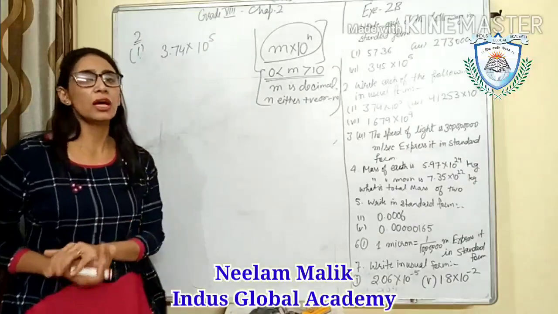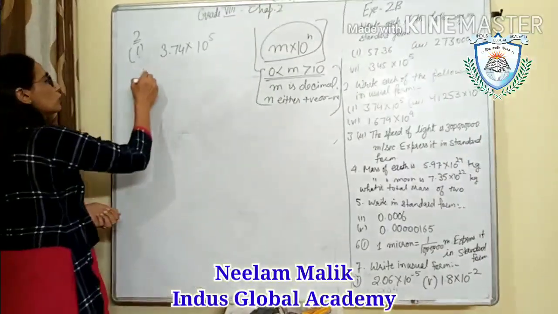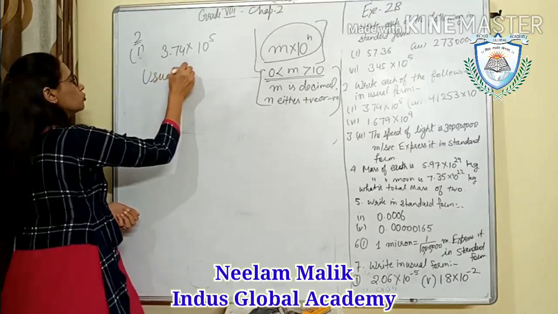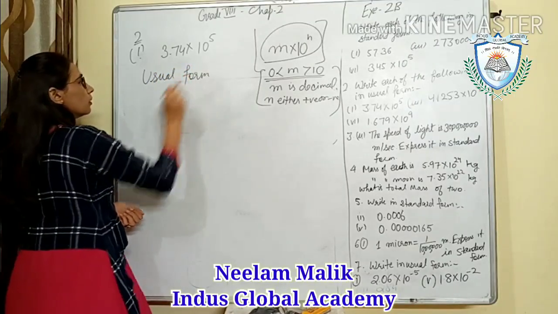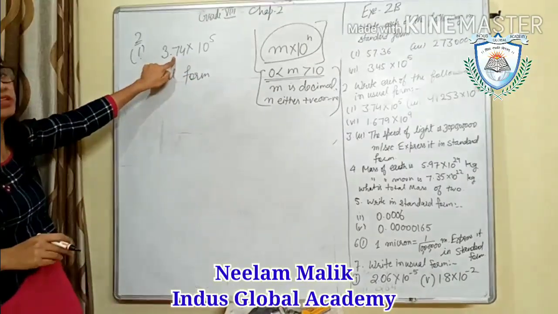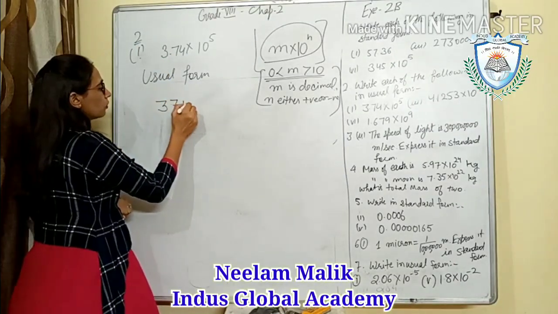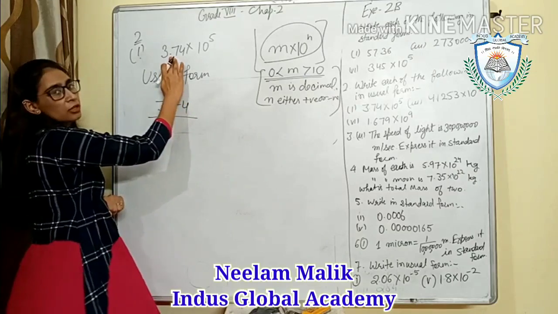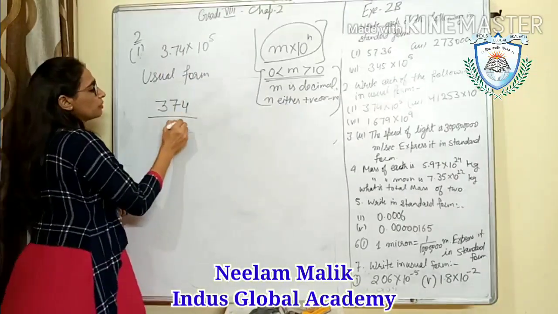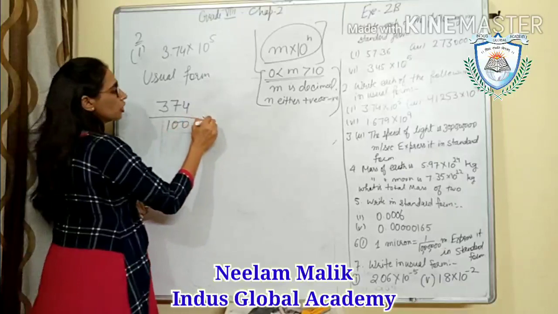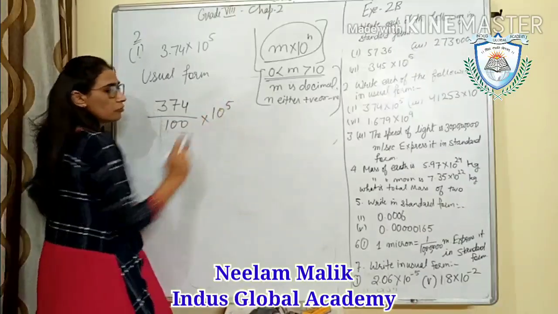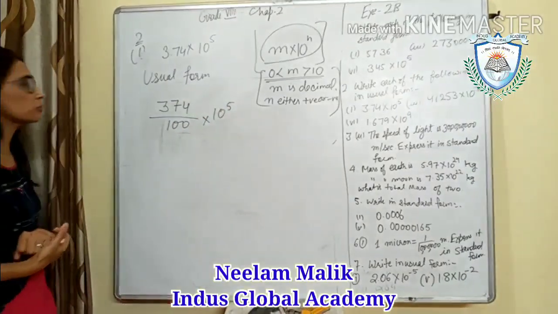So we have to convert this into usual form. First we will try to remove the decimal point here. So 374, containing 2 digits after the decimal, will be divided by 100, into 10 raised to power 5.